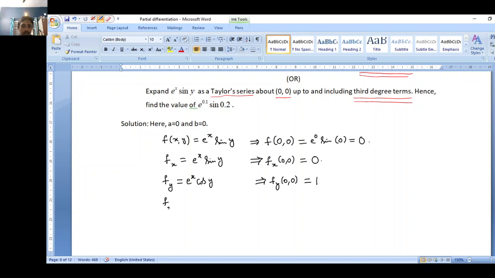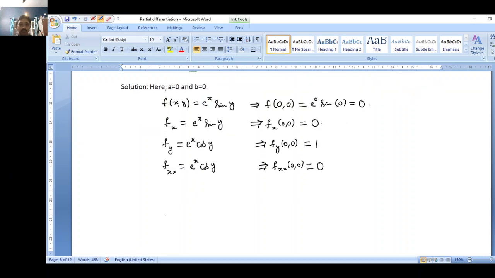Correct? Now go for fxx. Of course, as long as you have e power x, it will remain the same how many ever times you differentiate it. So fxx of 0 comma 0 is still 0. Okay, fxy.